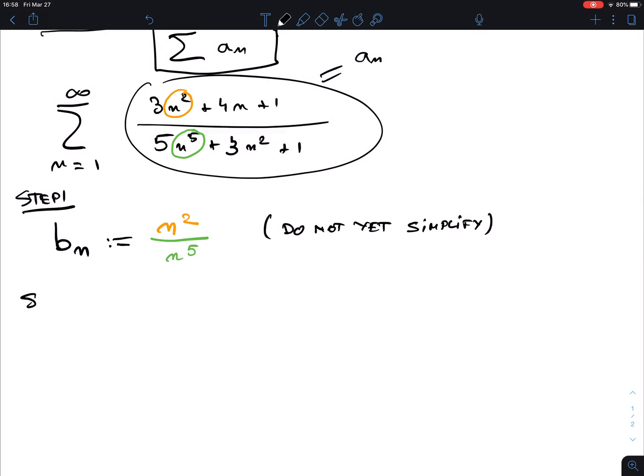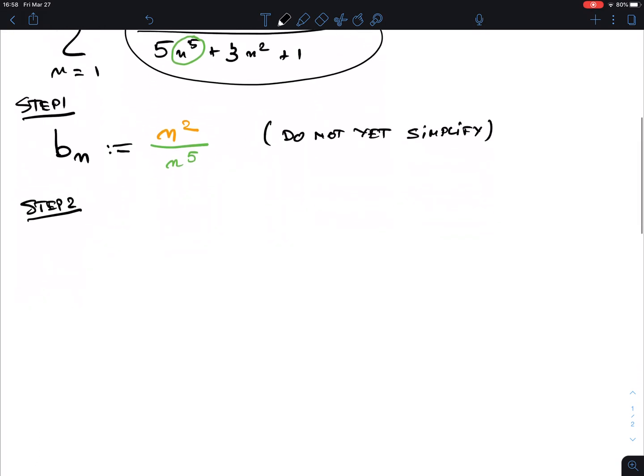Now what is step 2? This is what we need to verify: the limit as n goes to infinity of a_n divided by b_n. That's what we need to calculate, and the condition is that it should not be 0 and it should not be infinity.